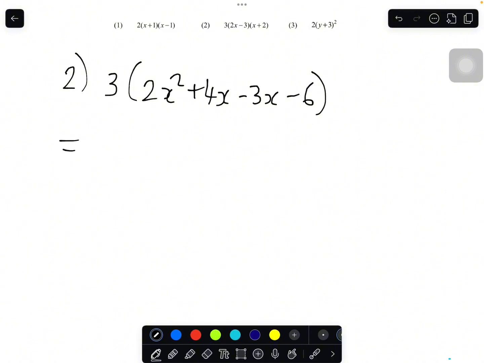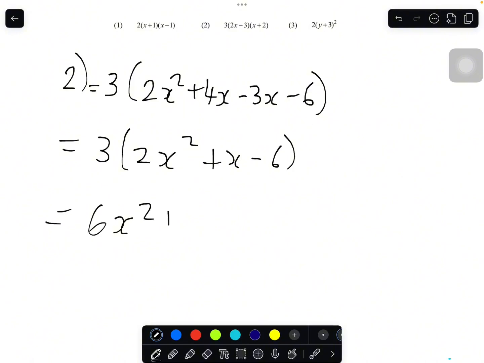So I'm then going to multiply this out after I simplify the brackets. So always simplify within your brackets, because I have 2x squared plus x minus 6, and now I'll have 6x squared plus 3x minus 18.